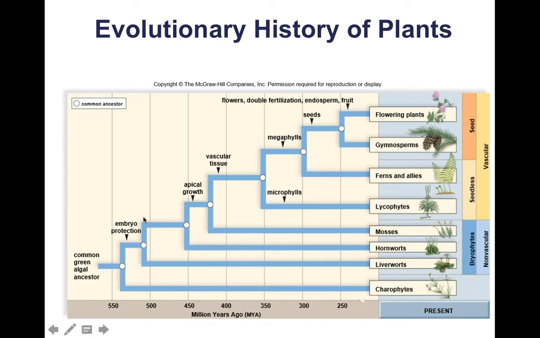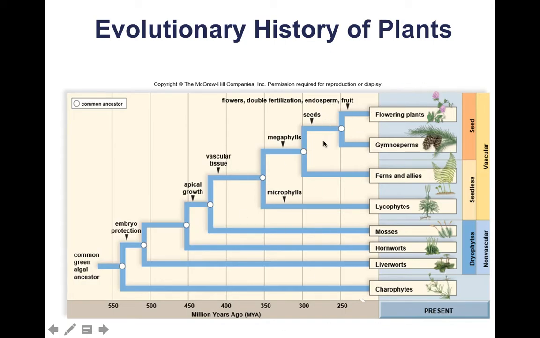So a good rule of thumb, if you're looking at a phylogeny or an evolutionary tree like this, a monophyletic group would be a group of taxa that can be isolated with one snip of the tree, okay? So if we snip here at the common green algae ancestor, you can see that we're going to isolate all the land plants and the charophytes, okay?